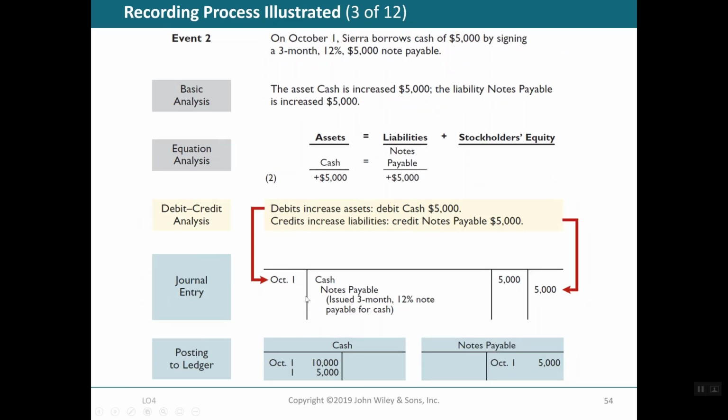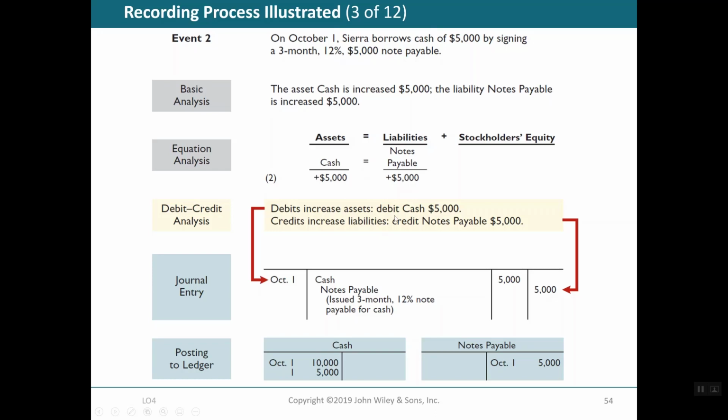All right, so event 2. On October 1, Sierra borrowed cash of 5,000 by signing a 3 month, 12%, 5,000 notes payable. The basic analysis: the asset cash is increased by 5,000. The liability notes payable is increased by what? 5,000. We talked about that in previous discussions. So assets, which is cash, in this case our cash account, is increased, and the liabilities also increase.